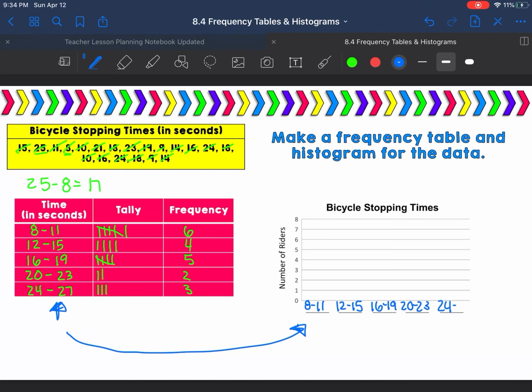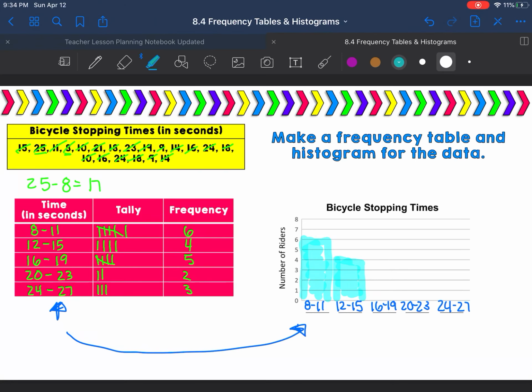20 to 23. Now, when you're doing these, there's really not a wrong interval. You have to just determine what you think the best interval set is going to be. So for my first, 8 to 11, my frequency is 6. So I'm going to come over to 6 and graph that.